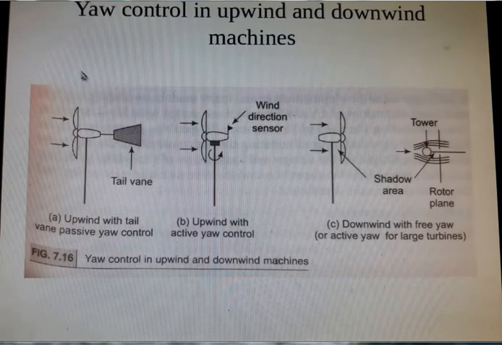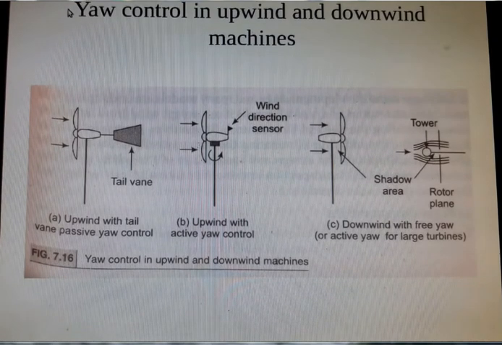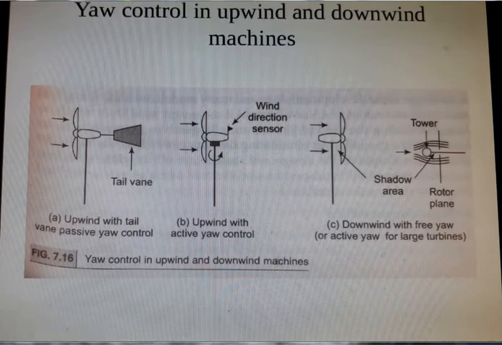So we are talking about yaw control in upwind and downwind machines. First we have to understand what upwind and downwind are.